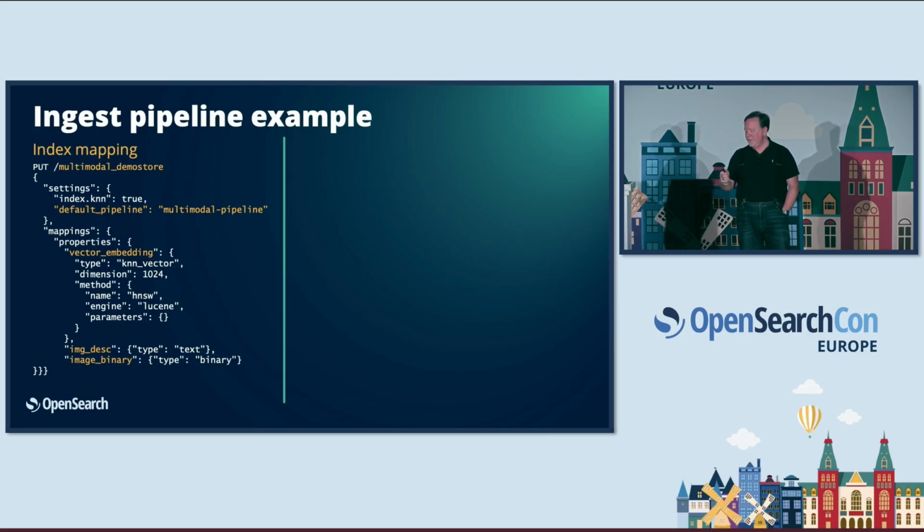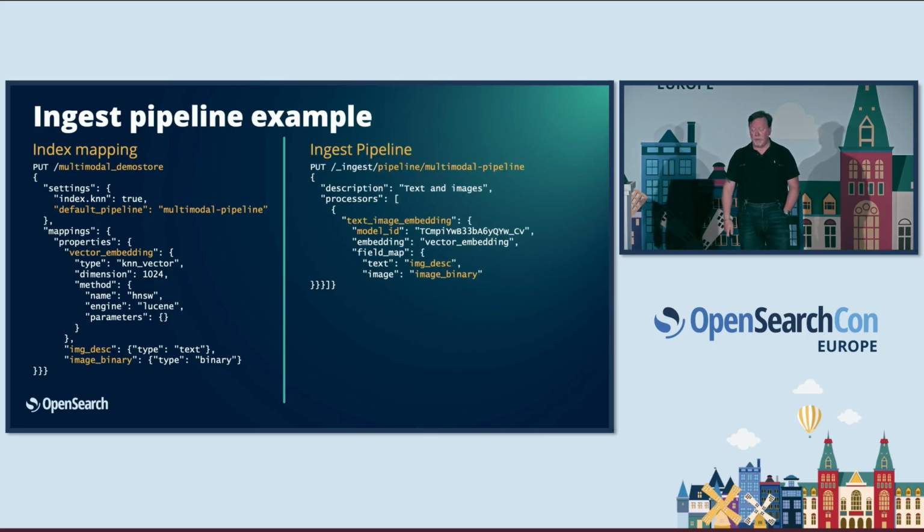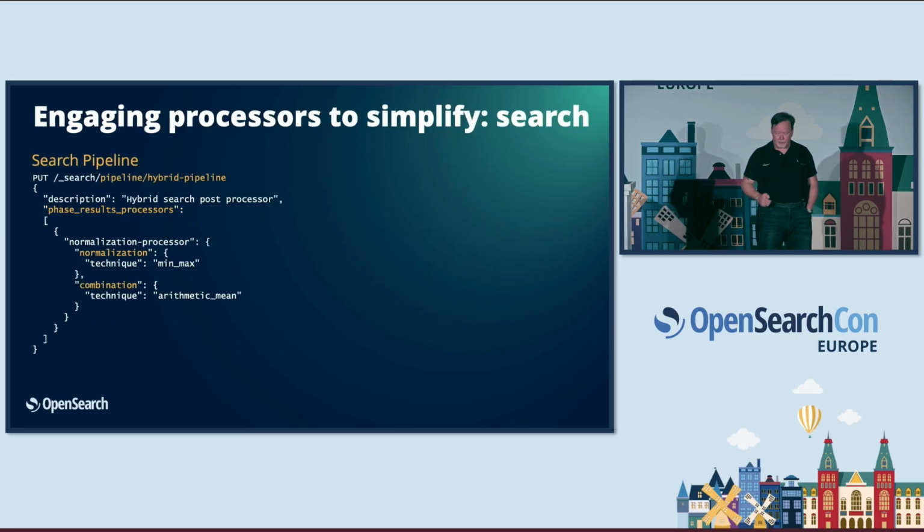You have your image description. Those are your text fields. On your pipeline, you're going to use the text image embedding in this case and provide that field map that says take the embedding for the text description, put it into the image description. That's where the vector goes. The image itself goes, the vector goes in the image binary, right?